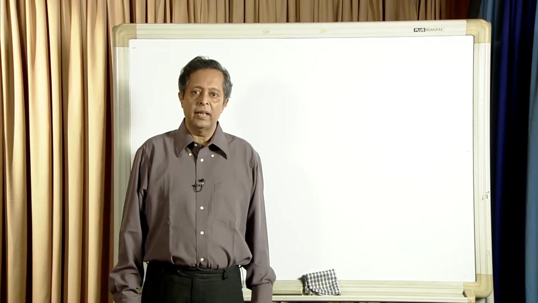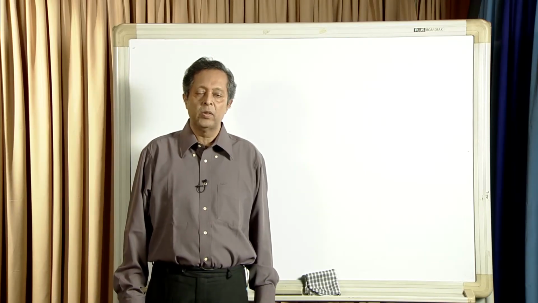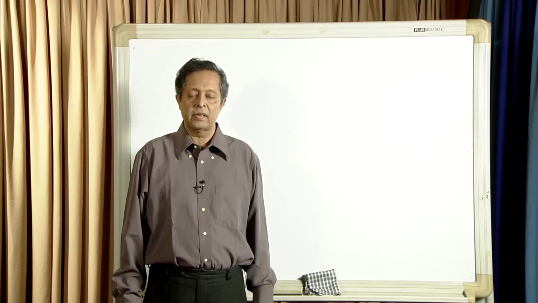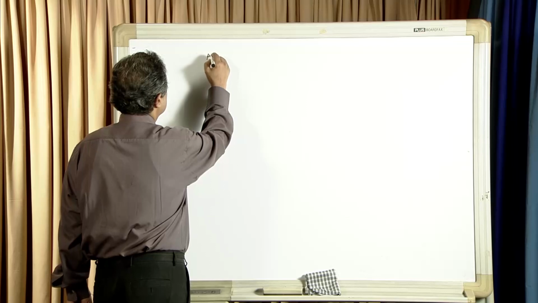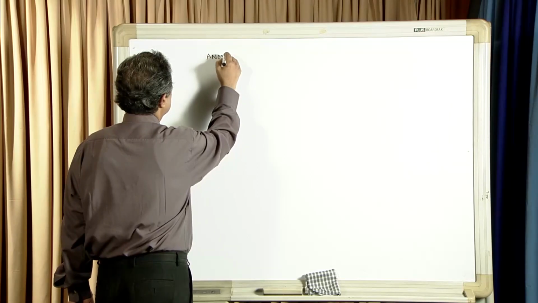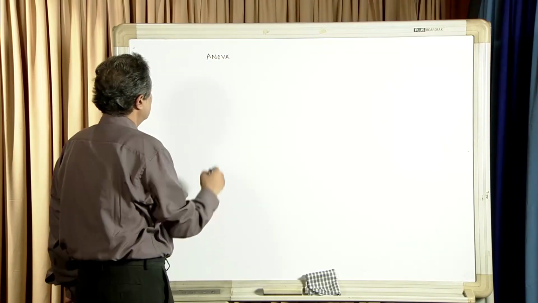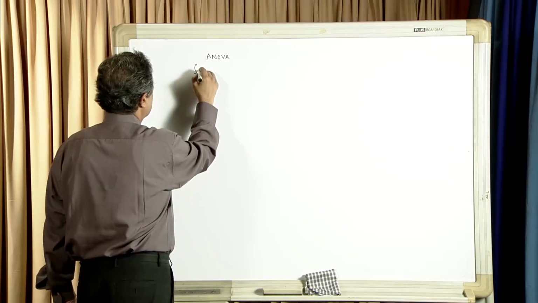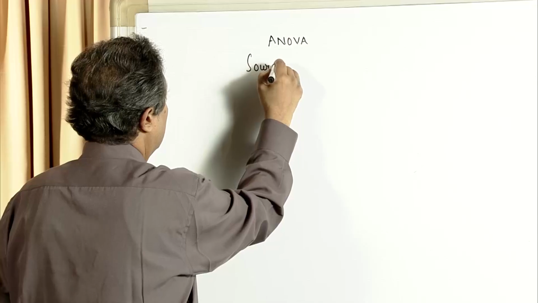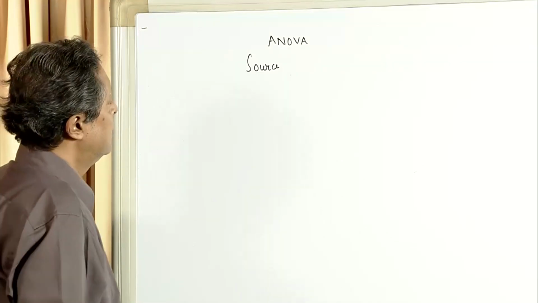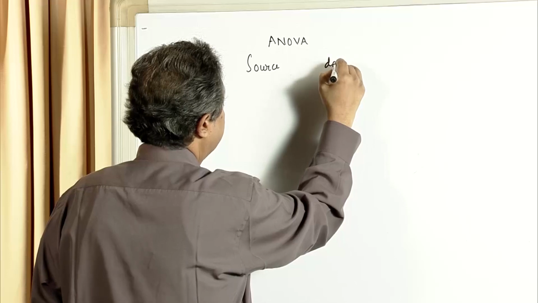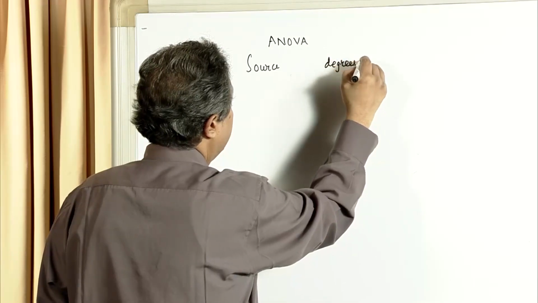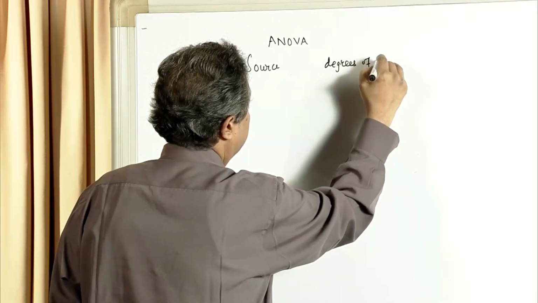Let us now take a look at the ANOVA table, or the table showing analysis of variance. The first column refers to the source of variation. The second column gives the degrees of freedom.